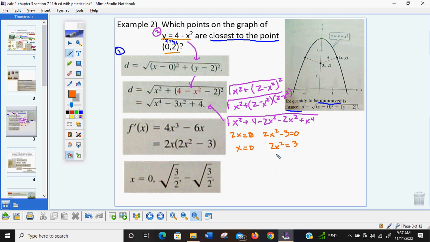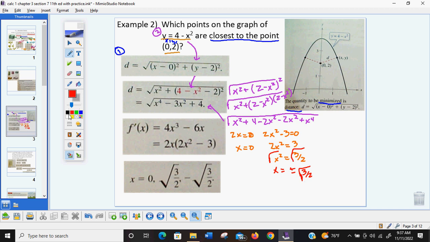Divide by 2. We get x squared equals 3 halves. And then we're going to take the square root. And remember, when you take the square root, you have a plus or minus. x is equal to plus or minus square root of 3 over 2. We're just going to leave that in radical form.